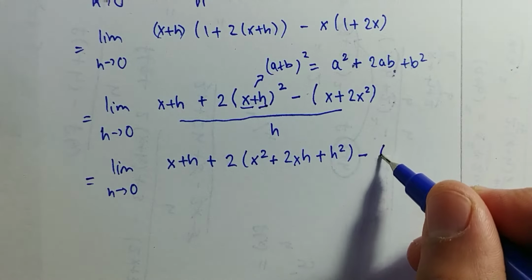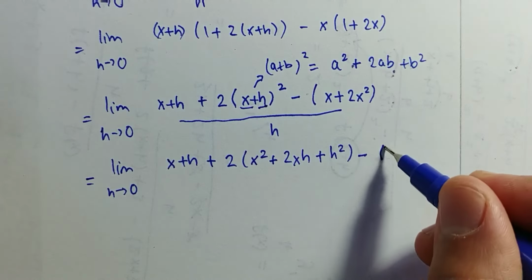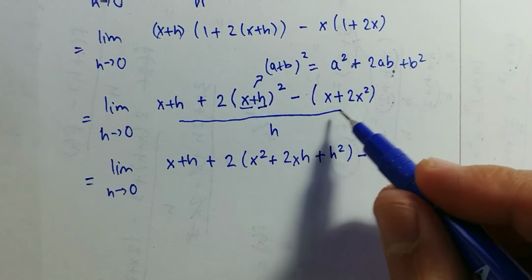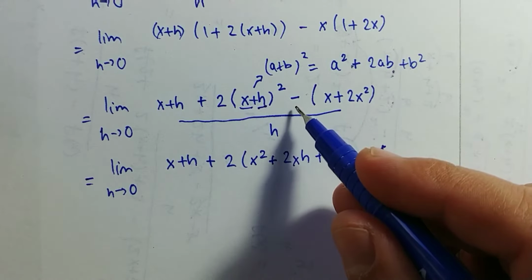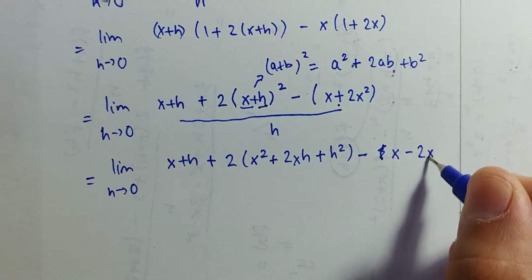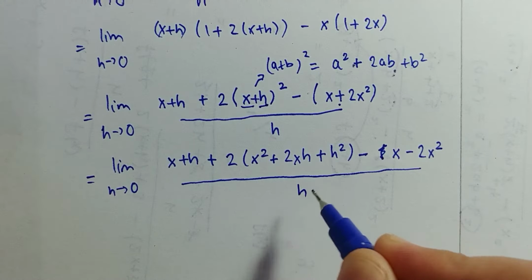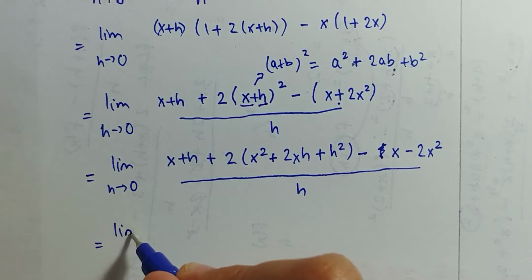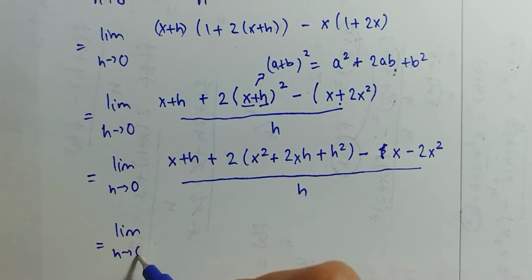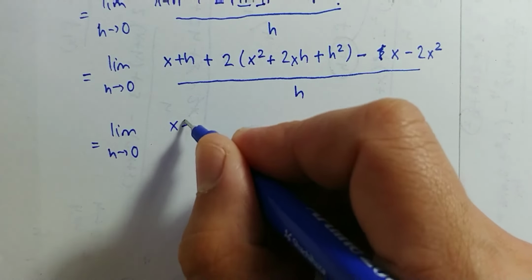Minus, so there is no square outside the bracket, so I'll just have to bring them out of the bracket, and because there's the minus, plus becomes minus. Again all over h. So you have limit h going to 0, x plus h.